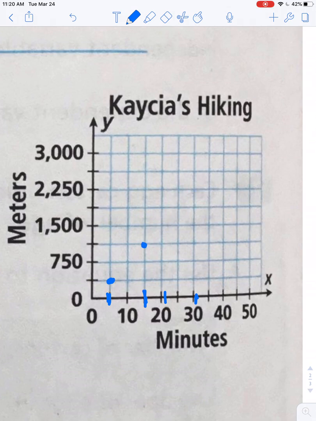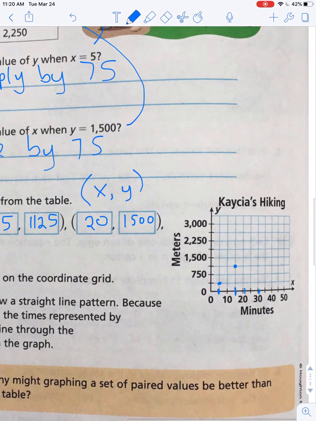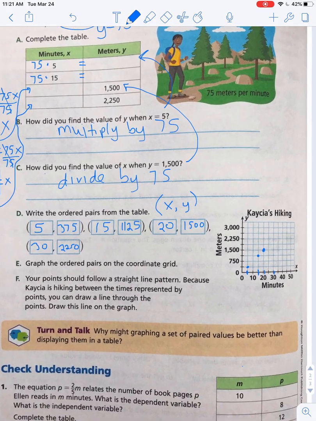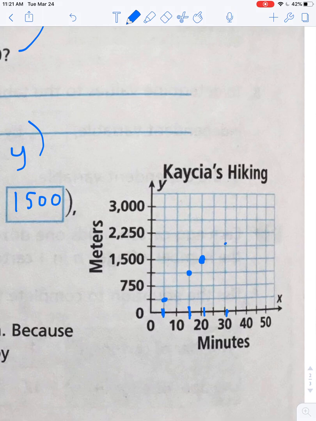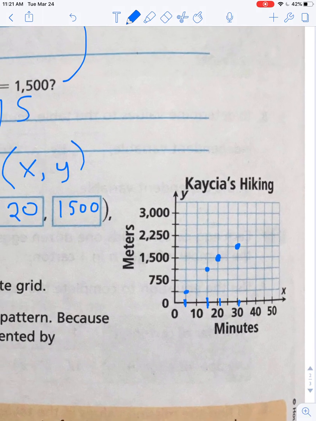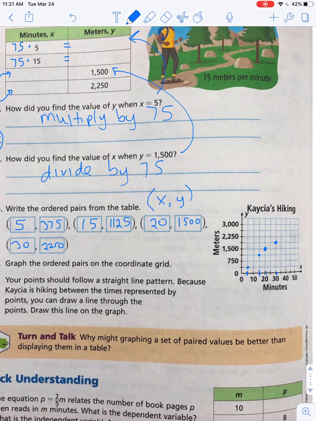Okay, right about there. 20 is 1,500. 20. Yeah, that one should be right on where those blue lines cross. And then finally, 30 and 2,250. Okay. So pause the video, put the ordered pairs on your graph, and then make sure that your graph matches mine.